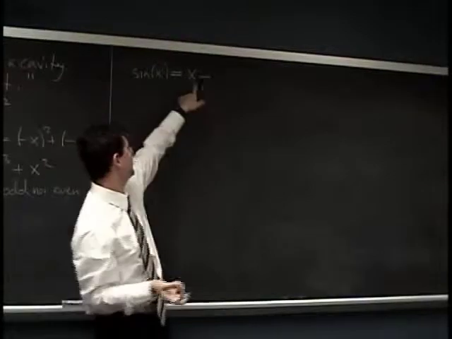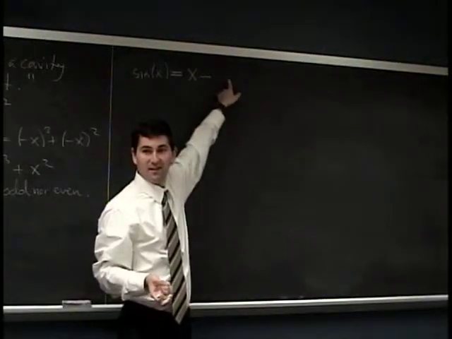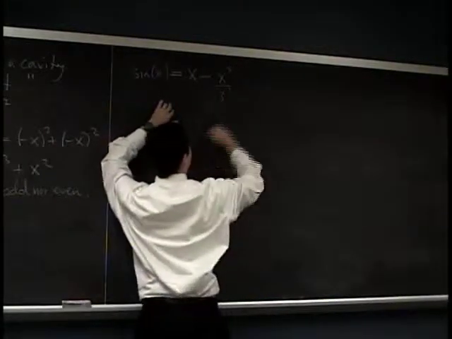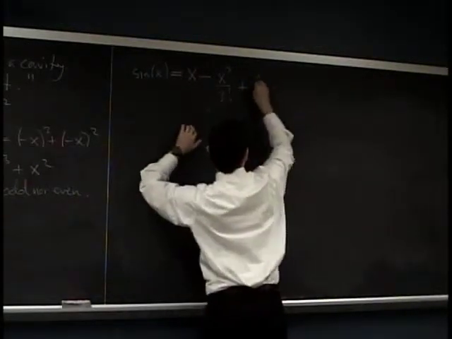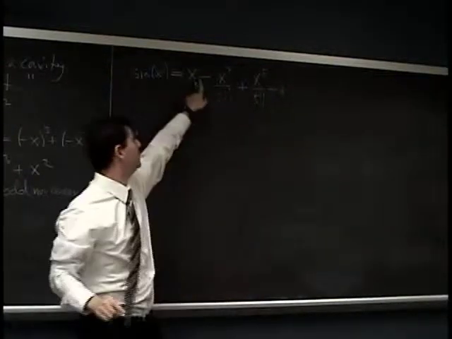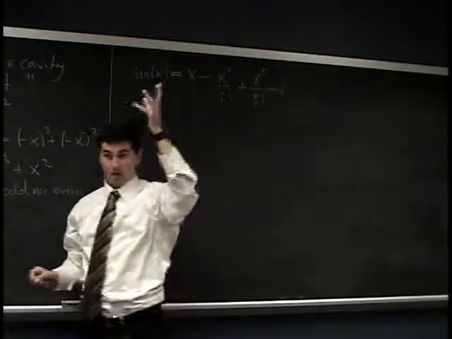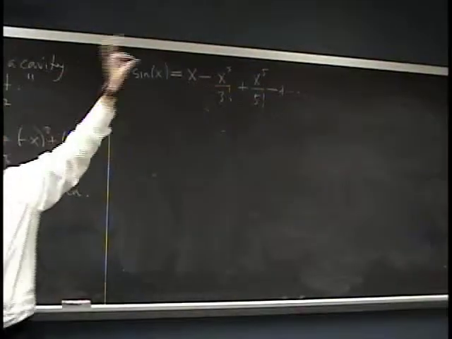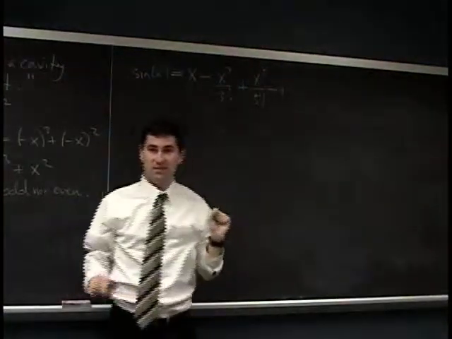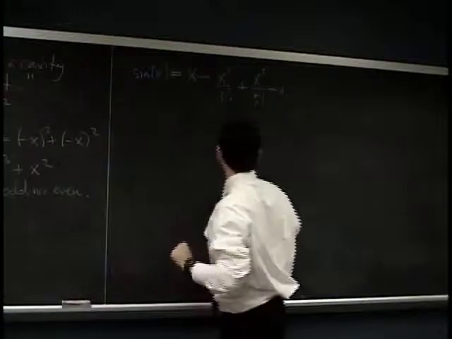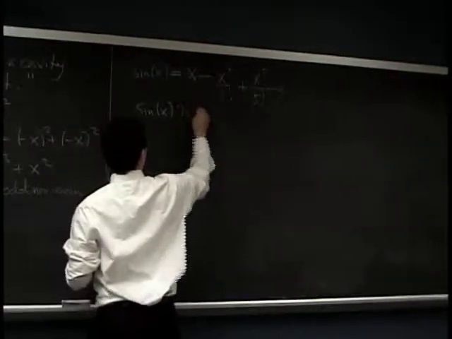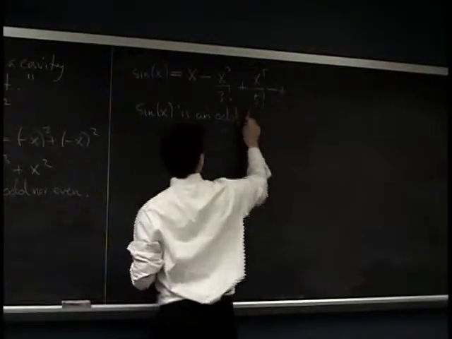The sine gives you the x, and then x cubed over 3 factorial, and then it alternates. So you only get every other term of e to the x, plus these alternating signs. But you're getting the odd degree terms, and so immediately we can see that sine of x is an odd function.